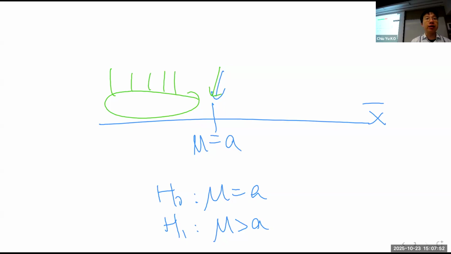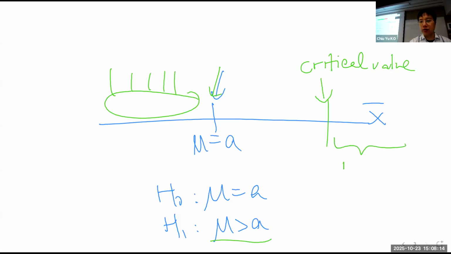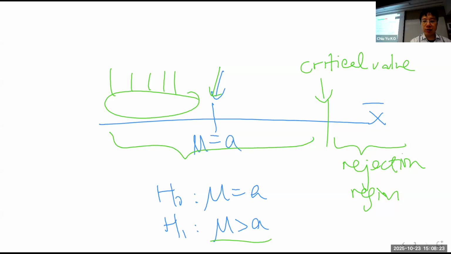Because there's no evidence to say otherwise, right? And only if this is big enough, how big it is, maybe somewhere here, okay? This is called the critical value. Okay, and we will say this beyond is too large, and is called the rejection region. Right? And this is the acceptance region.